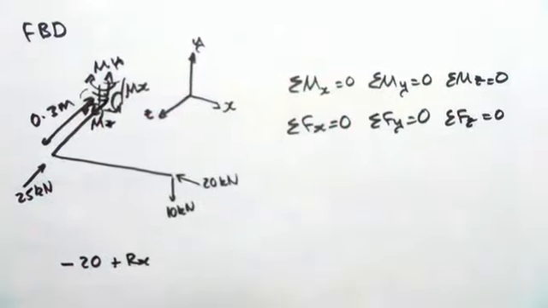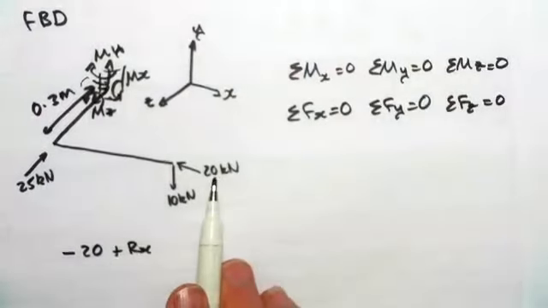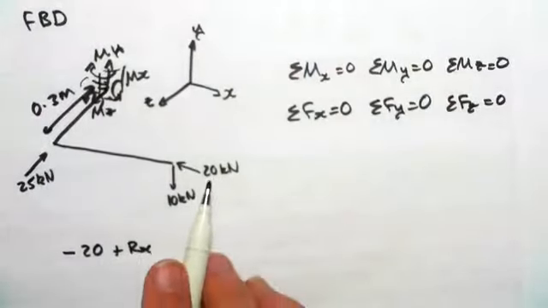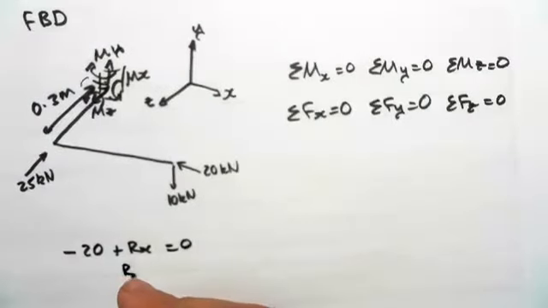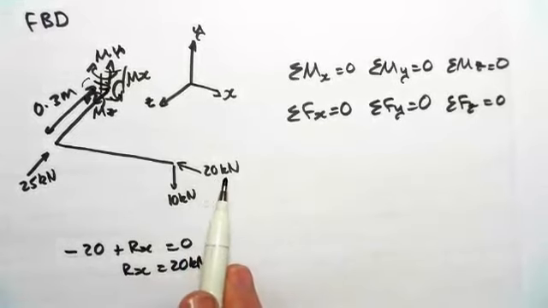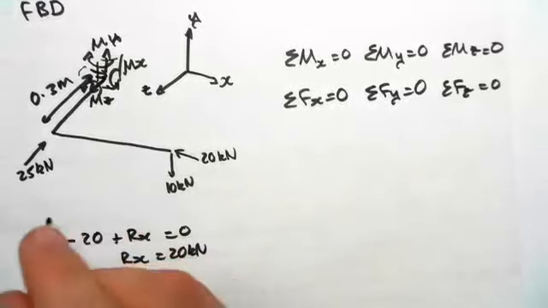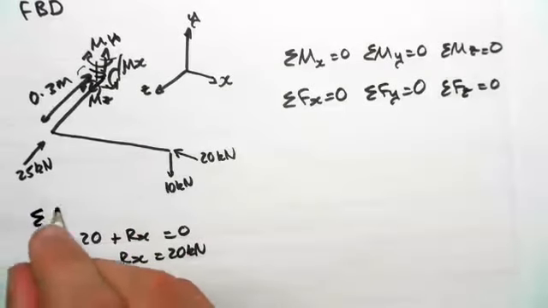So we have this reaction force in the opposite direction here, so Rx equals 20 kilonewtons, since that's the only other force in the X direction.